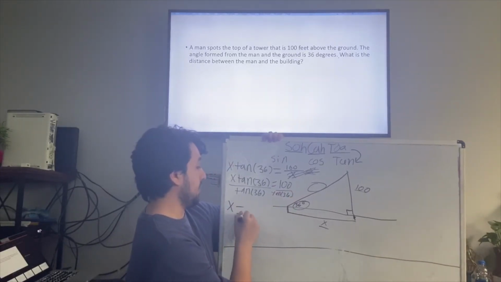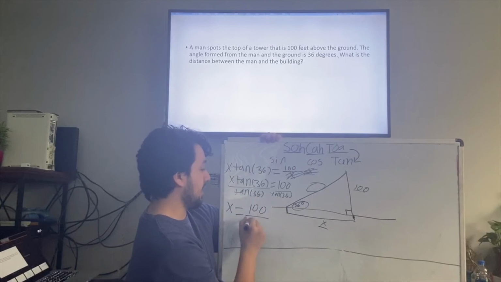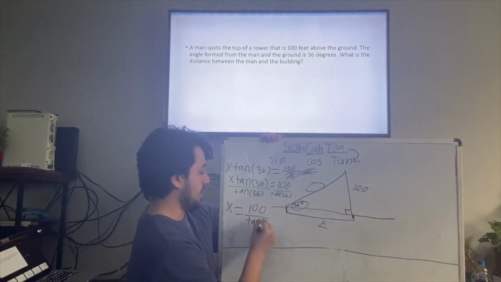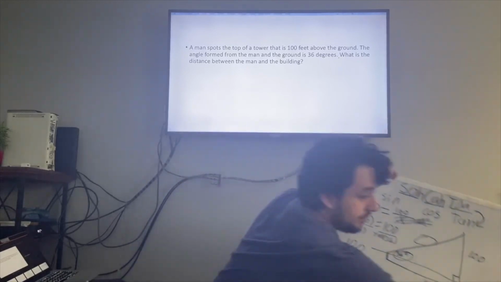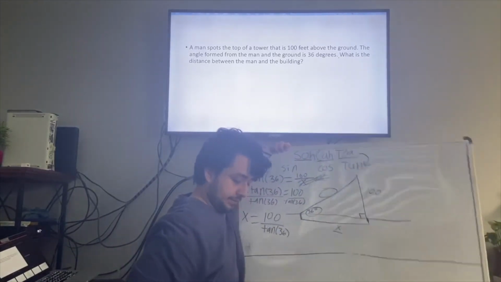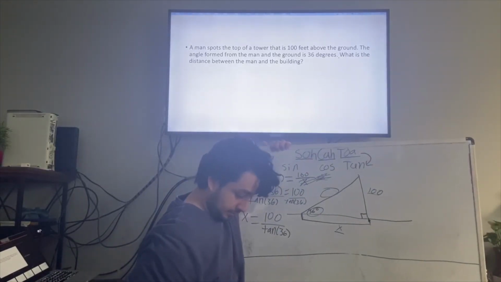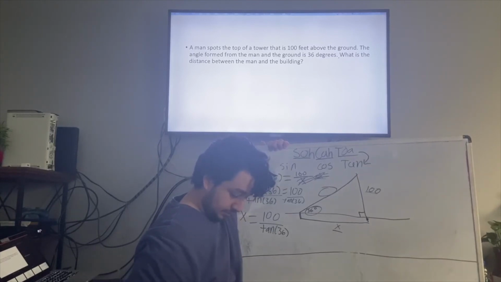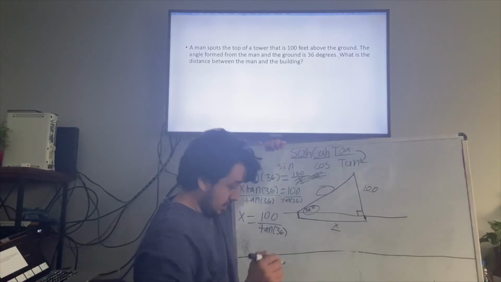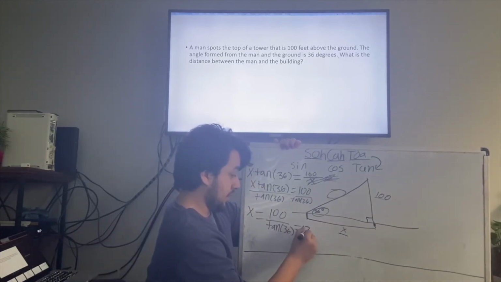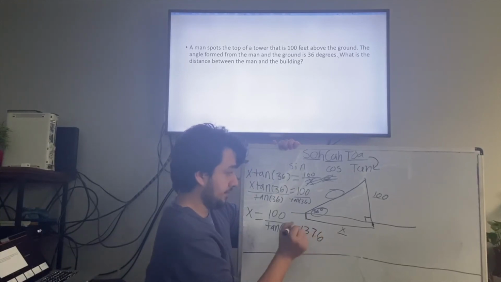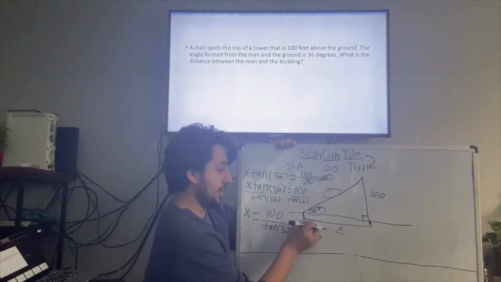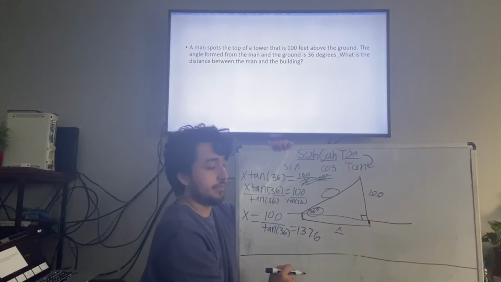Our x is going to equal 100 divided by tangent of 36. That comes out to be 137.6. So that's the distance between the man and the building.